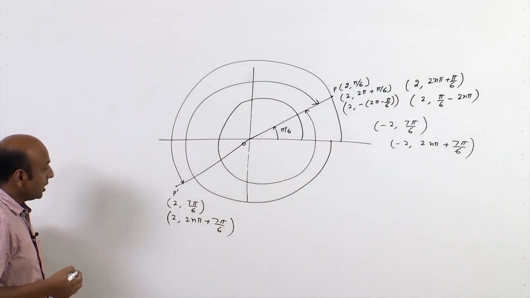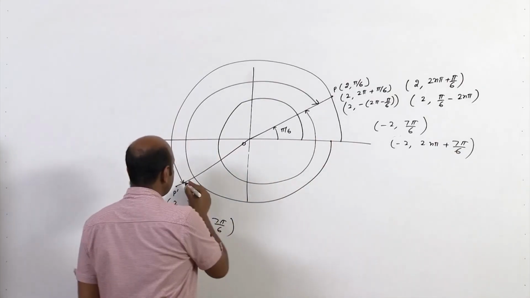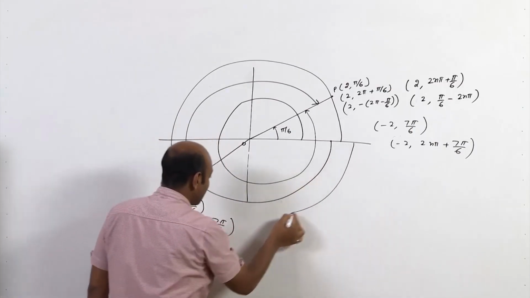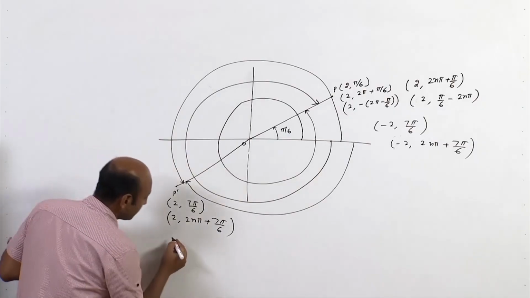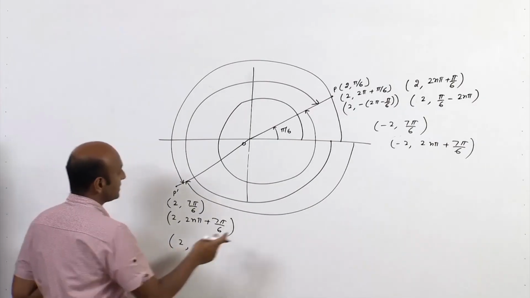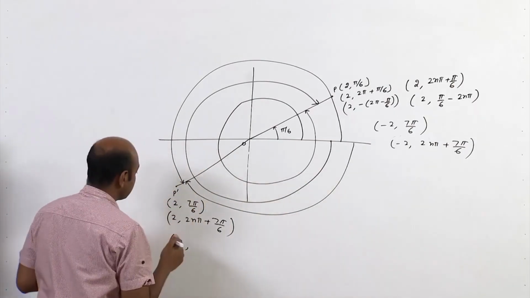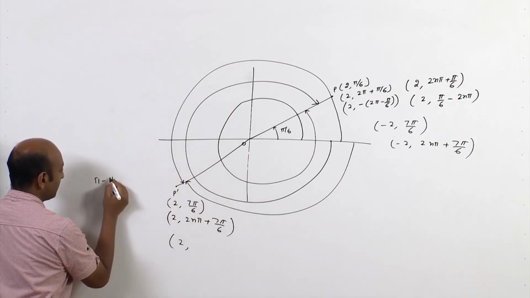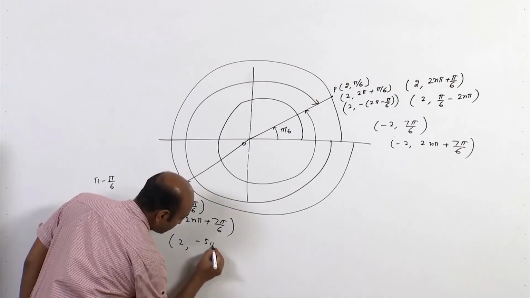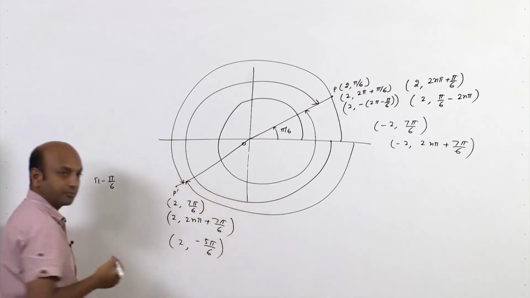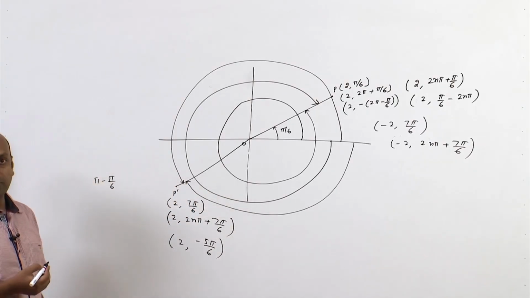Okay. Now, if we come to this point in the clockwise direction, this will be simply 2 comma, this is pi minus pi by 6. So, pi minus pi by 6 will be 5 pi by 6, so it will be minus 5 pi by 6. Okay.